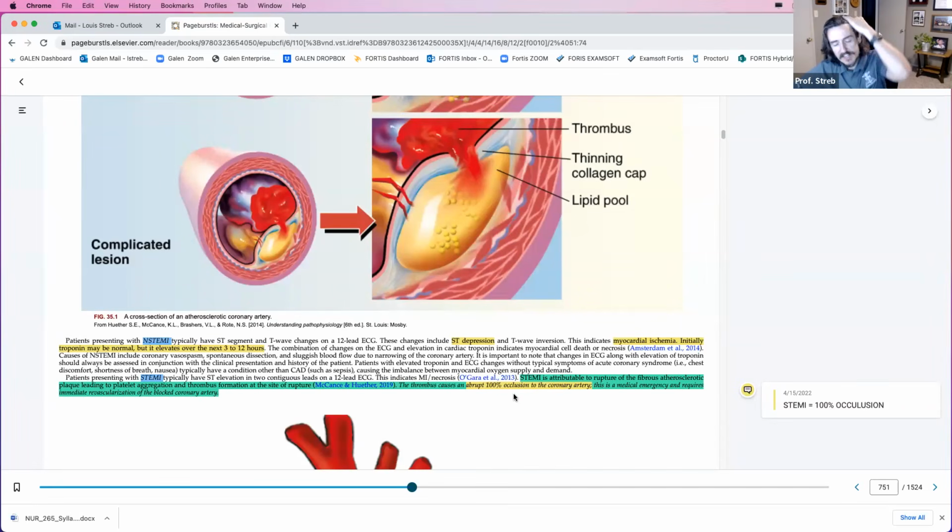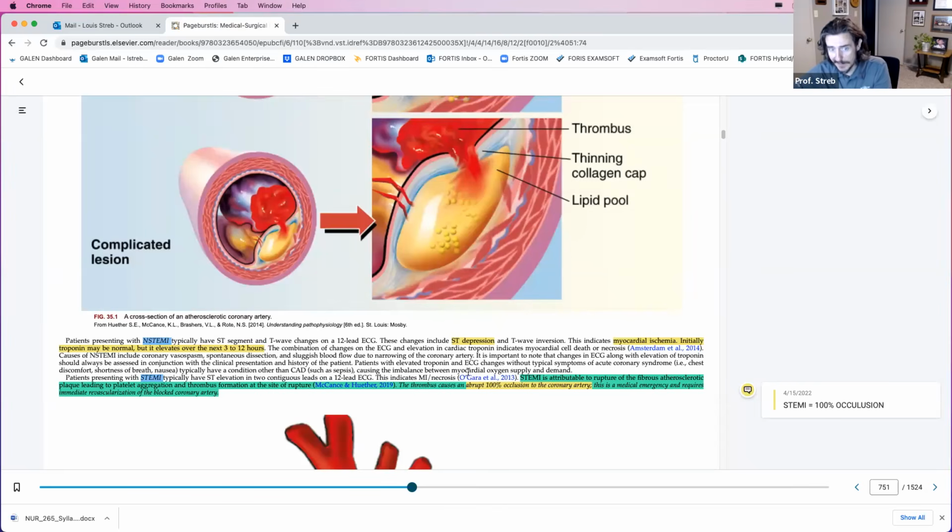When your patient comes in, the physician is going to decide. So when I have somebody coming for a STEMI, I usually do a code STEMI. So in most hospitals, we'll do a code STEMI, meaning I have a 100% occlusion of this coronary artery. And if somebody does not come in here and unblock it, the myocardial tissue will keep dying. Do I always do that with an NSTEMI?